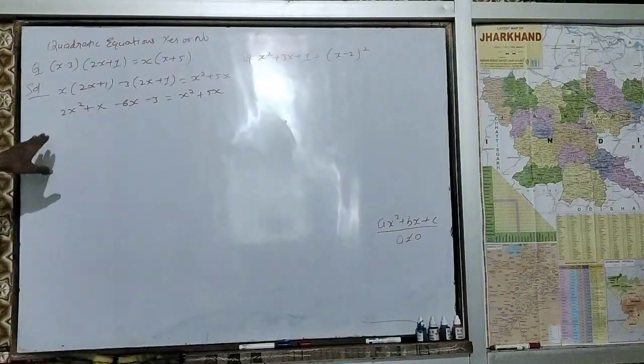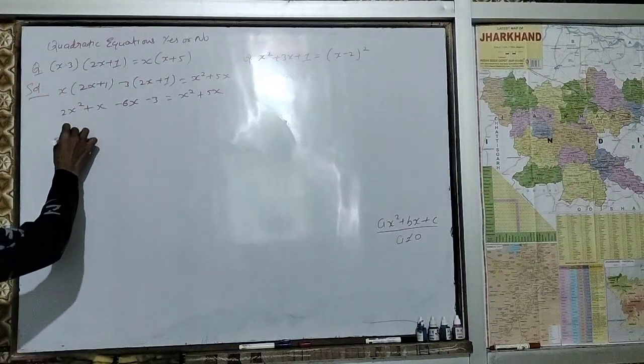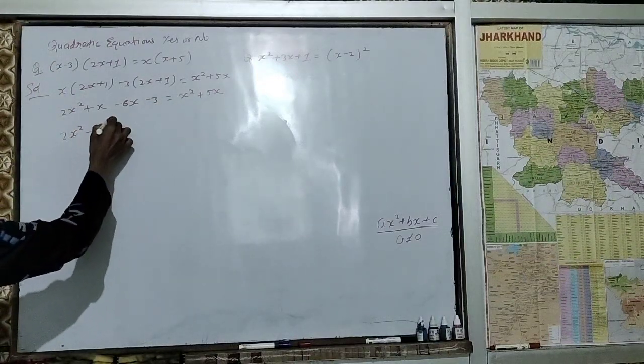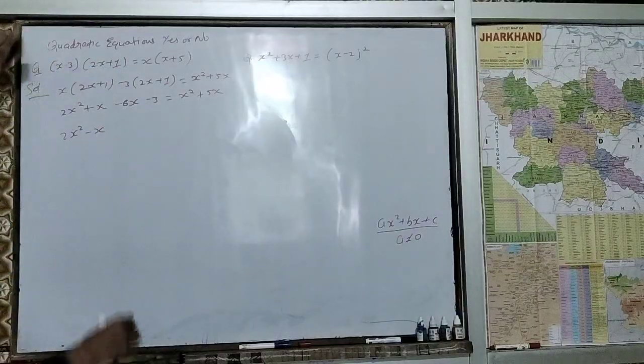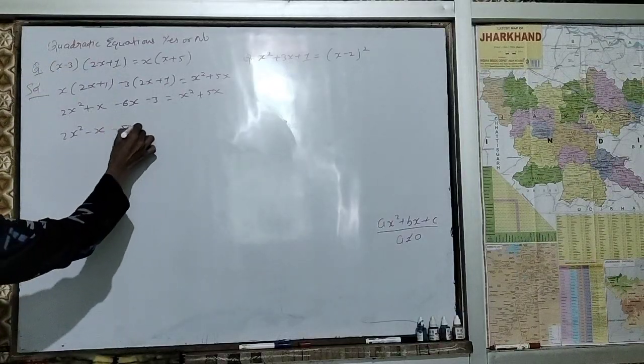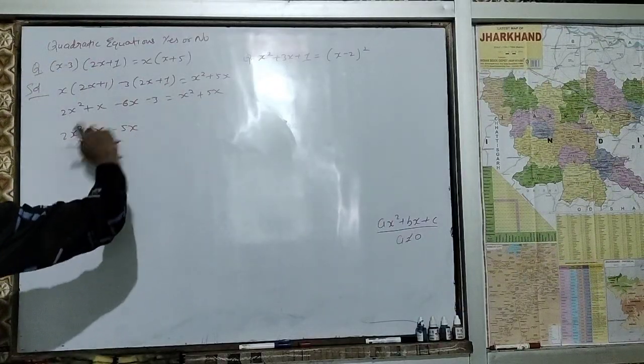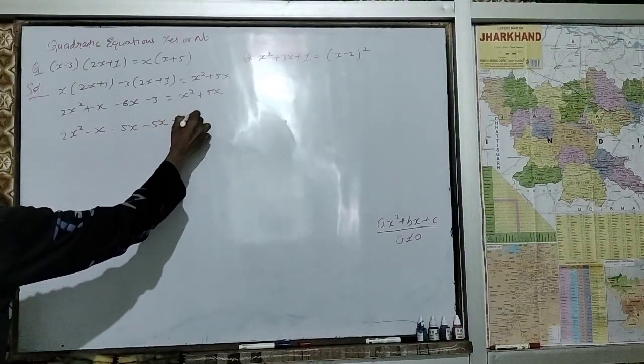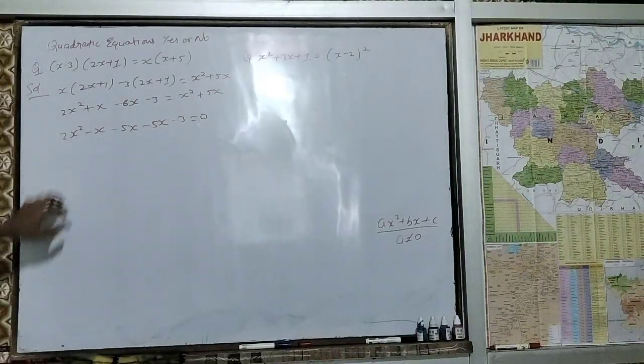What is happening over here? This 2x will come to this side, becoming minus 5x. This will come to this side, minus 5x. We have here minus 3. That's it. It is equal to 0.